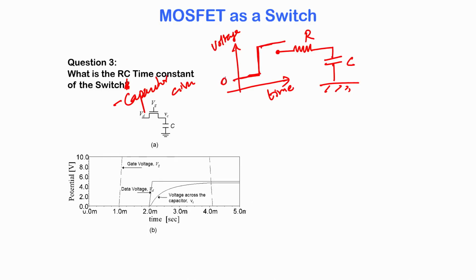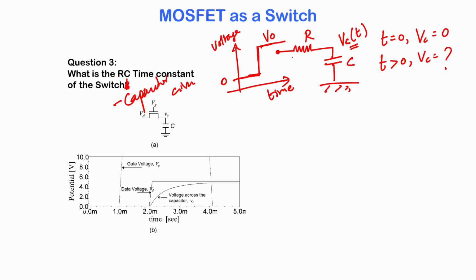It goes from 0 volts to say some voltage V naught, and the question is what happens to the voltage on the capacitor. At time t equal to 0, the capacitor had a voltage of 0, but for t greater than 0, what is the voltage on the capacitor? That is the question we want to answer. How do we solve this?